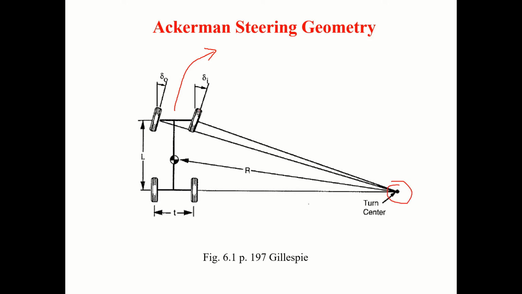That means when they are taking a turn, these wheels have to trace concentric circles. Another very important thing is that the inner tire angle should be larger than the outer one. That is, delta I must be greater than delta naught. This we have understood.